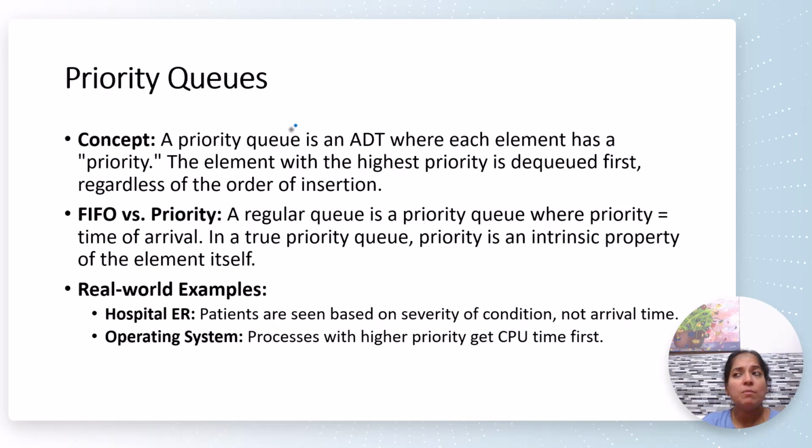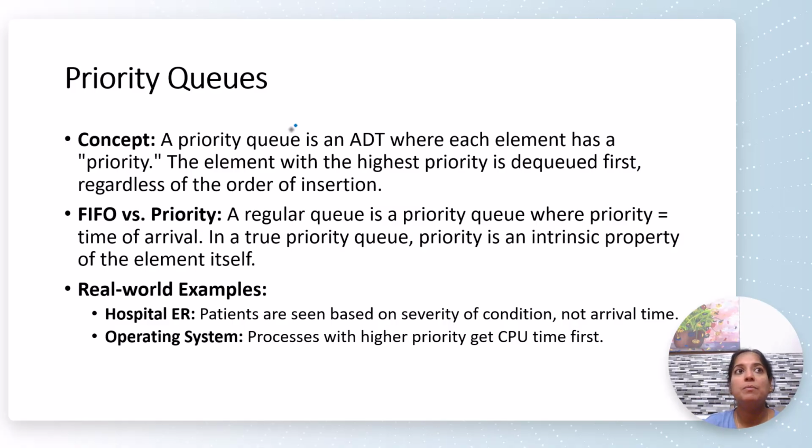If we talk about a single normal queue, your arrival time is just the priority. The element which is inserted first will be removed first. So the order of arrival, that is the priority. But the priority may be something else also.